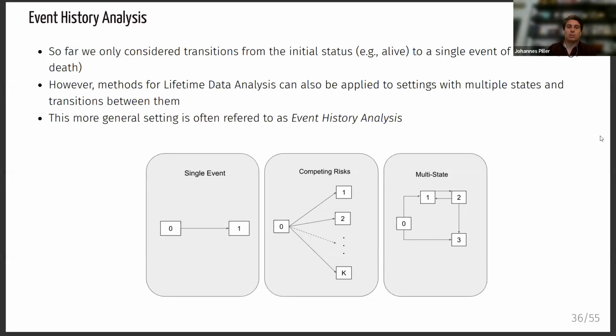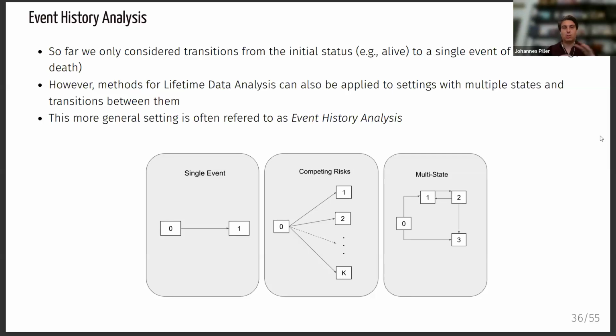However, sometimes we are interested in competing risk scenarios, as in the ICU example, where the discharge competes against the death. Or at some point, when we have different stages, severities of diseases, we might also be interested in multi-state settings where we can transition to more severe stages of diseases and come back again or die.